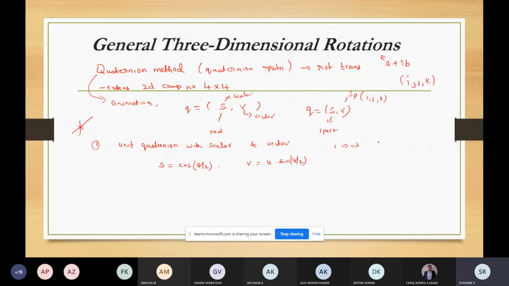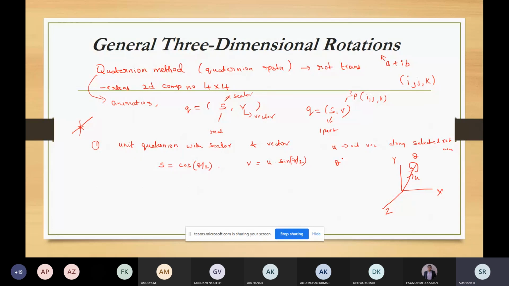In three-dimensional space with X, Y, Z axes, this U can be my rotation axis. And theta is the angle of rotation, the rotation angle about that axis.